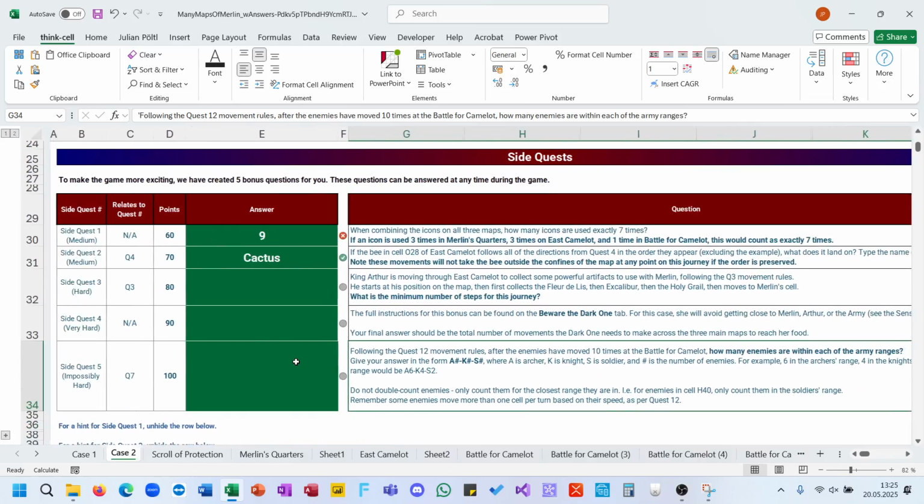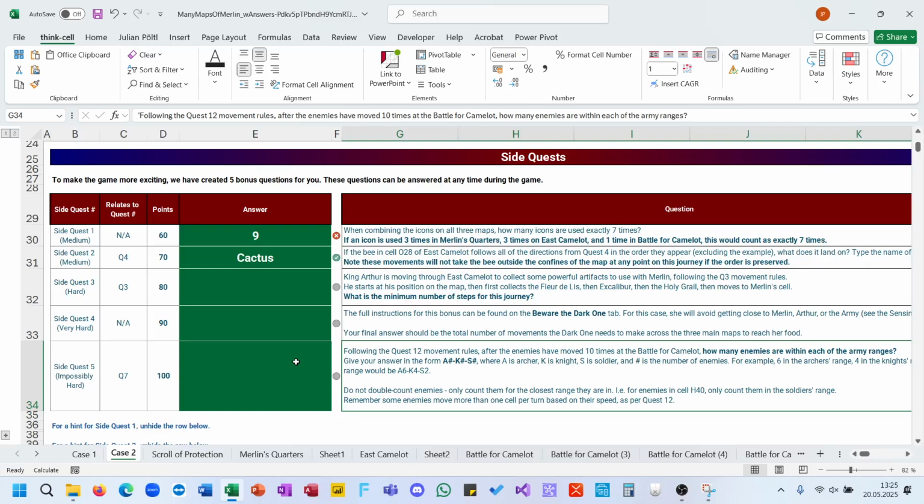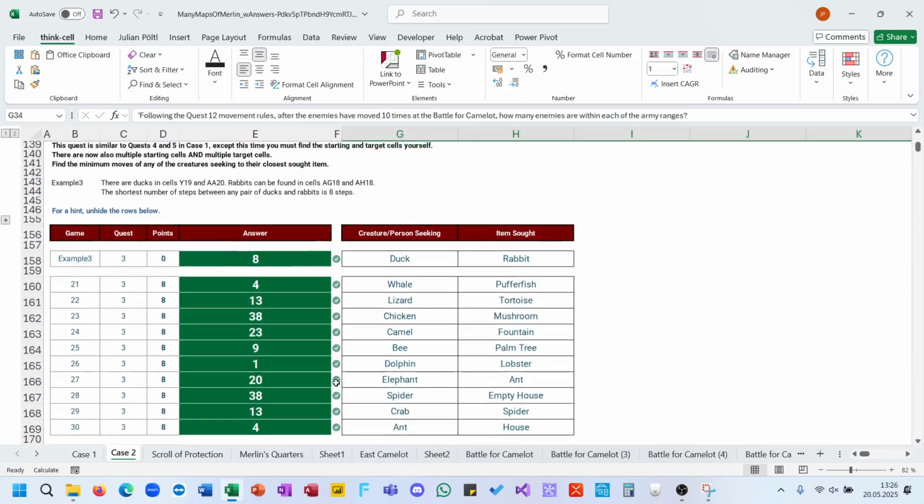King Arthur is moving through East Camelot. What are Q3 movement rules?